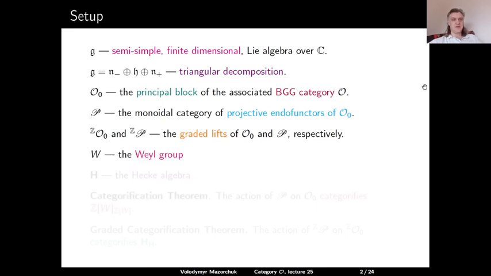As usual, the Weyl group is denoted by W, and the Hecke algebra of W is denoted by H. So we have the ungraded and the graded categorification theorem.